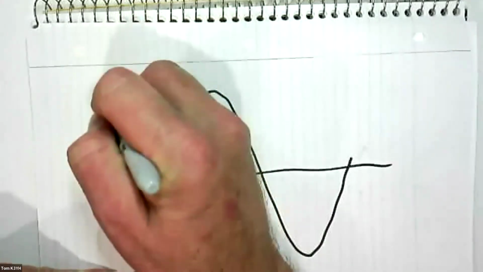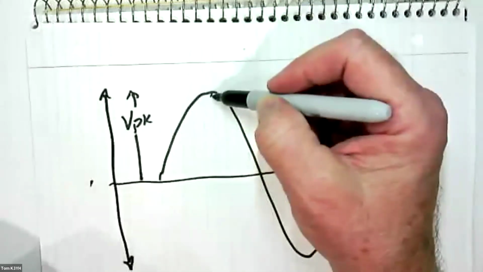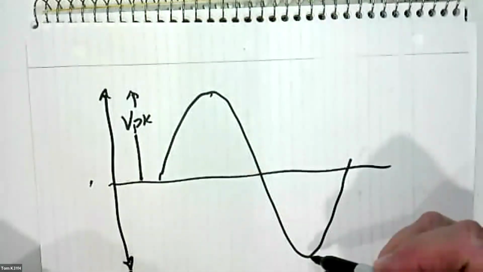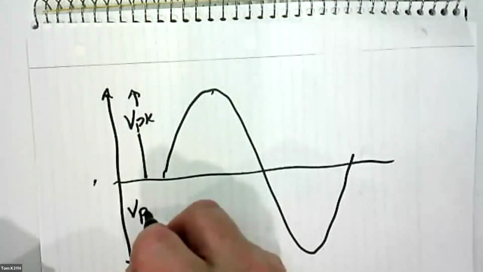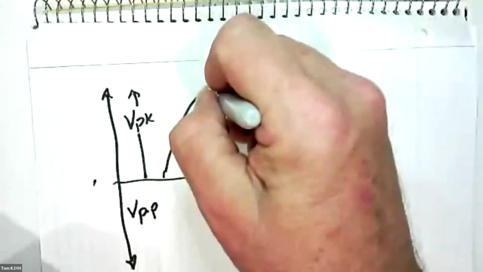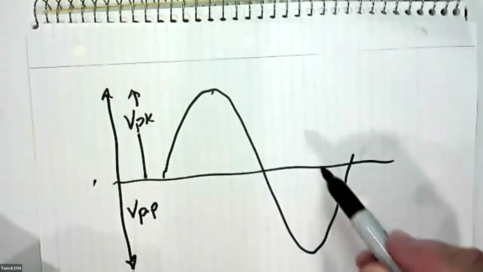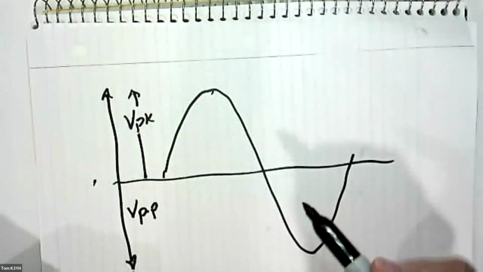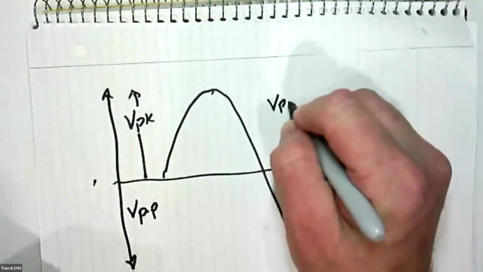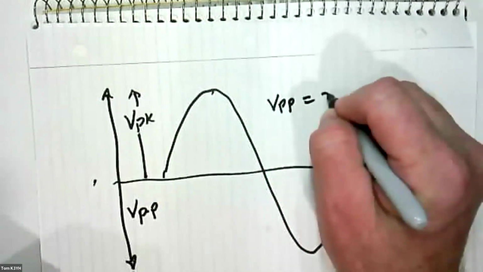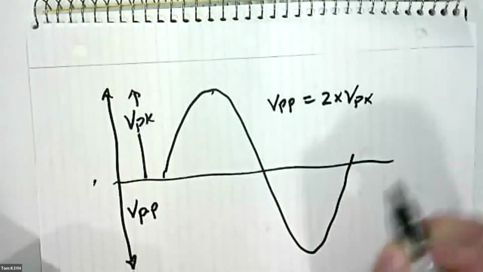The other voltage that you see is from one top to the maximum bottom, and that's V peak to peak, from this peak to that peak. And it should be clear that V peak to peak is equal to 2 times V peak.